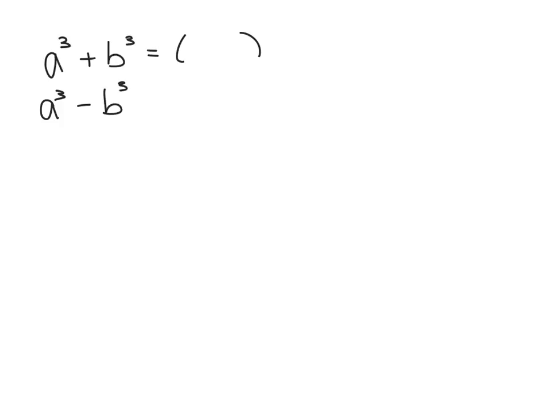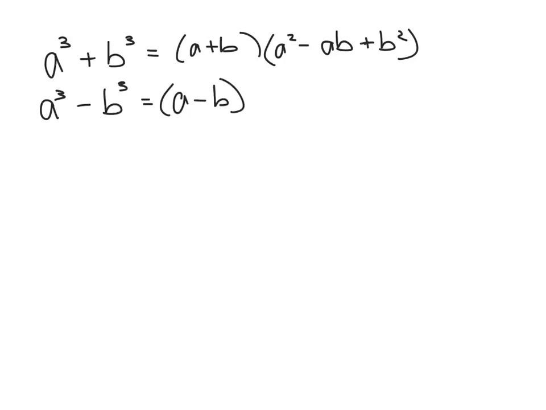It's going to be a binomial that has just a plus b, then it's going to have a squared minus ab plus b squared. That's the formula. You don't have to understand it at this point.